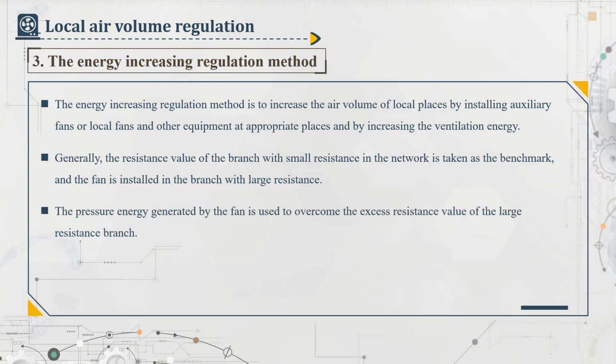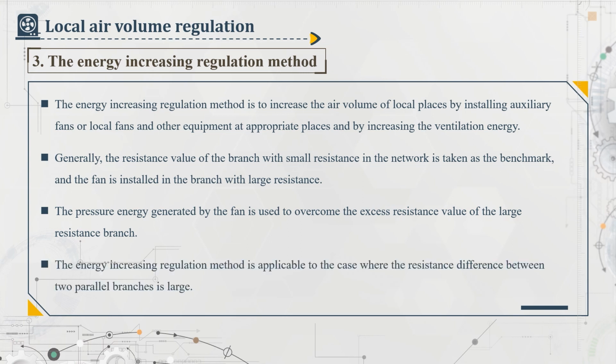The pressure energy generated by the fan is used to overcome the excess resistance value of the large resistance branch. The energy increasing regulation method is applicable to the case where the resistance difference between two parallel branches is large.